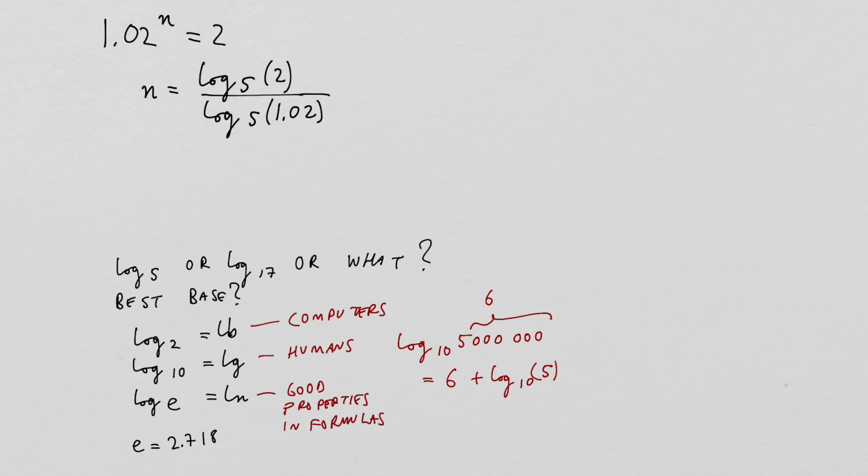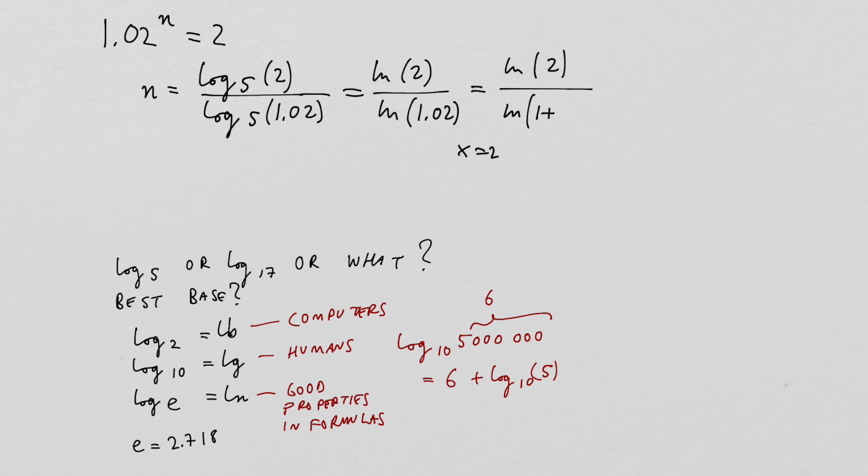For example, in our example calculation we could have used the natural logarithm, and if we denote this 2 here by x, we could transform this into this kind of equation.